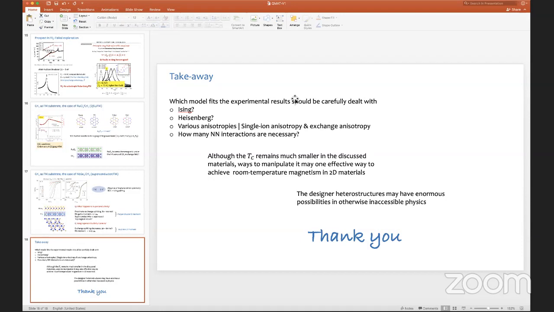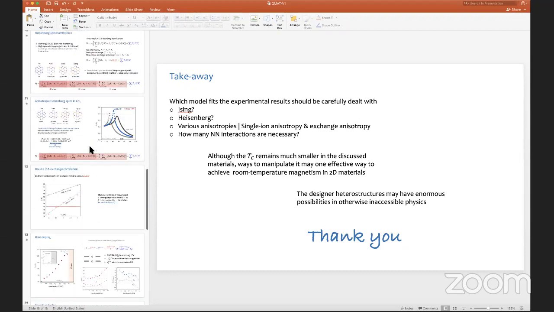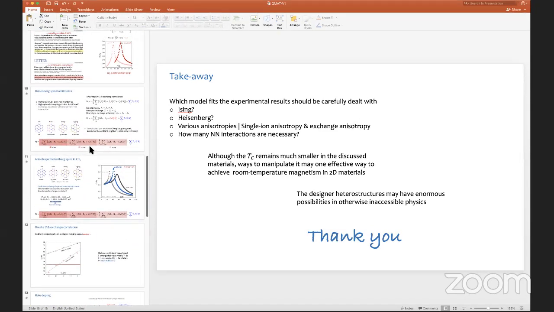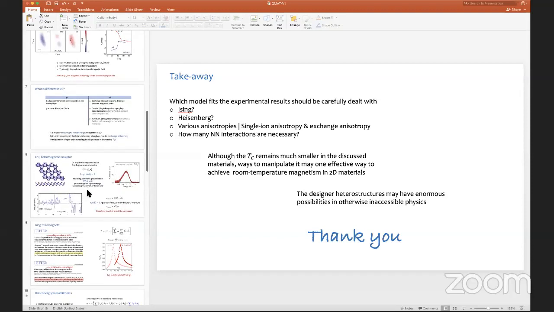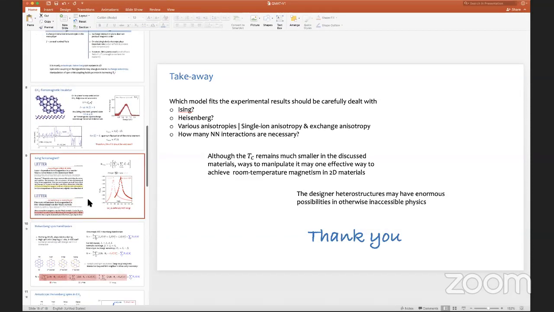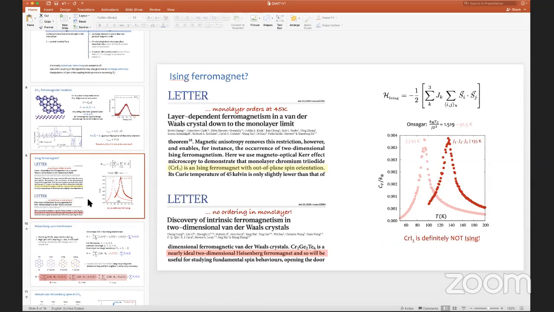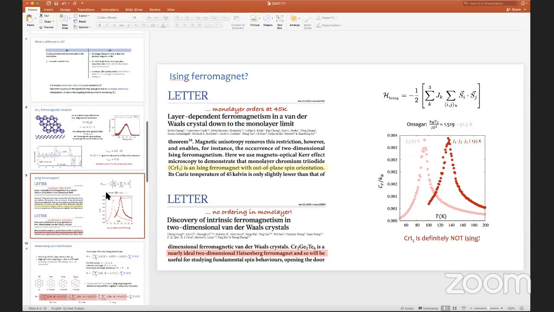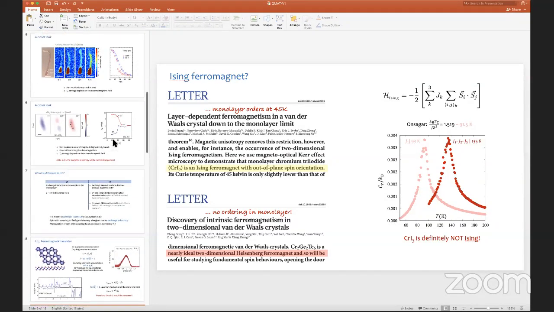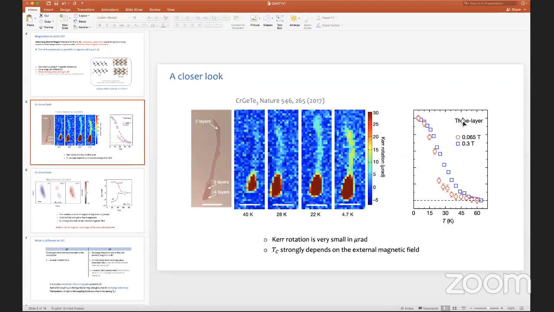Mukul? Yes. I would like to point out that for this chromium germanium telluride, the spin-orbit coupling is weak, and the single ion anisotropy is weak. But the experiment as well as the theory was done in the presence of a moderate magnetic field, and that helps in acting as an effective spin-orbit coupling and stabilizes the order.